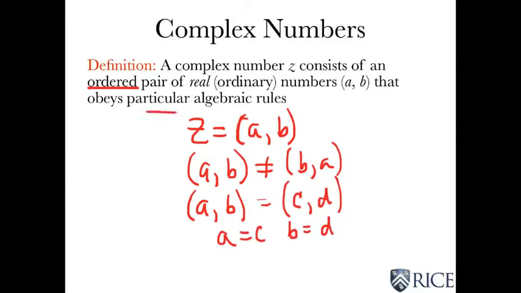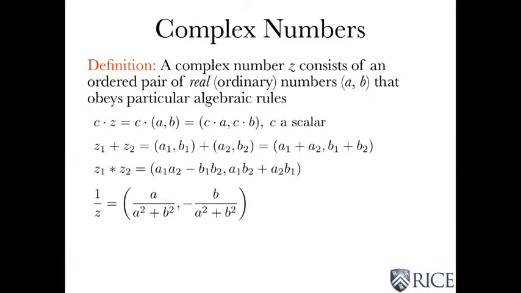And now we need to figure out how to do arithmetic with these numbers, what the rules of algebra are for them. And let's start with multiplying a complex number by a scalar. And so when you do that, what you do is you multiply each component, the A and B component, by the same scalar. Okay, I think that makes a lot of sense.